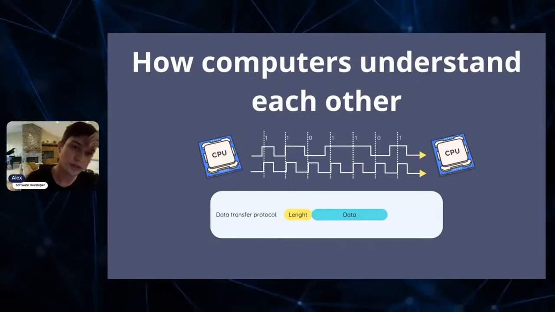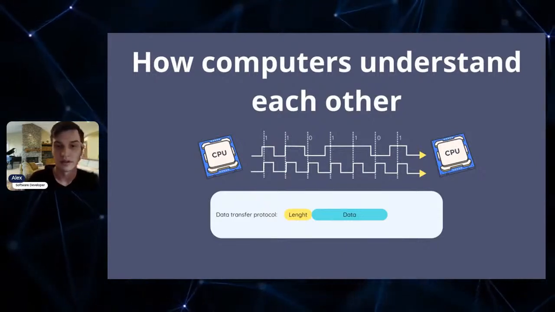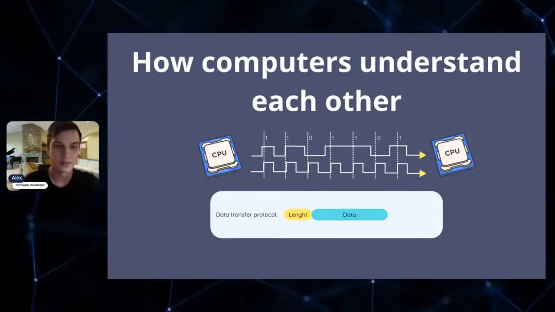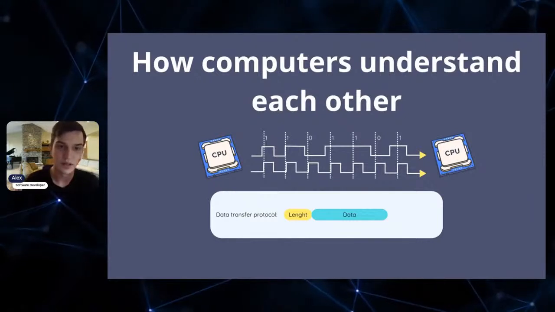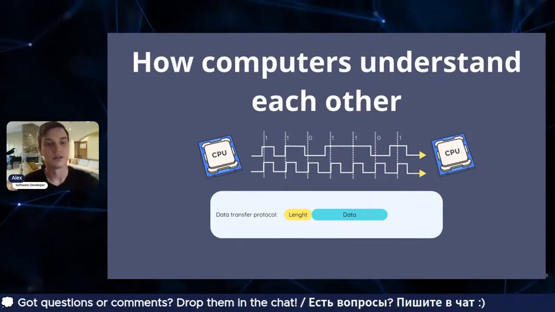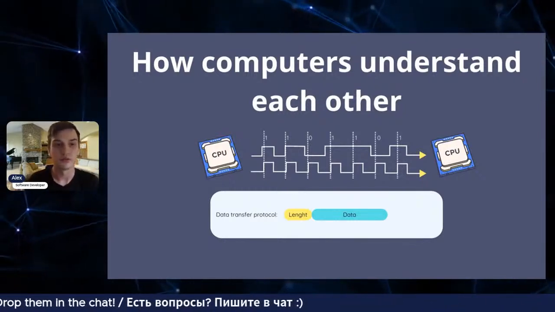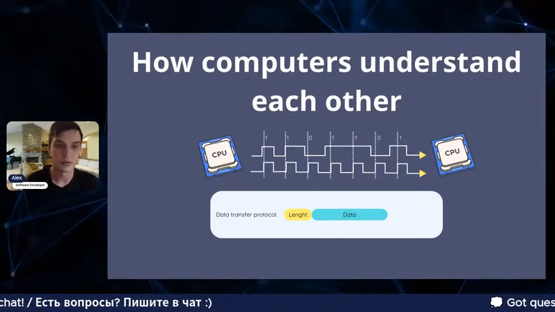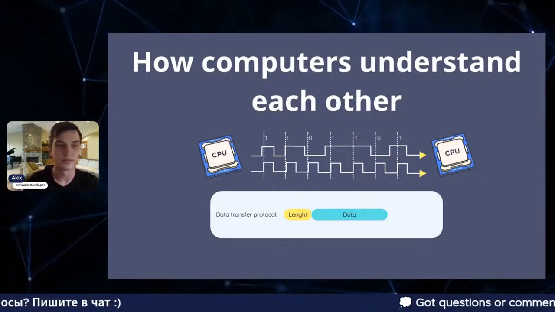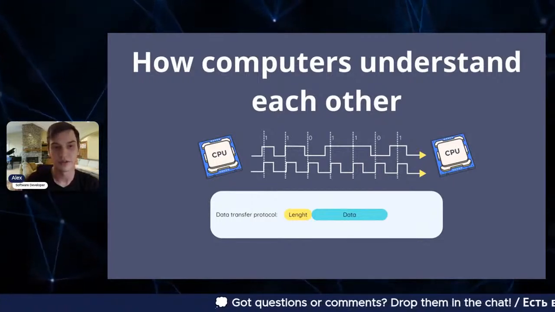For example, the first 8 bits will be a length, and the second CPU needs to know that the length will be 8 bits. So it receives 8 bits, translates them to a number, and then listens to that amount of bits, which is the data. And then it receives the message and can process it.